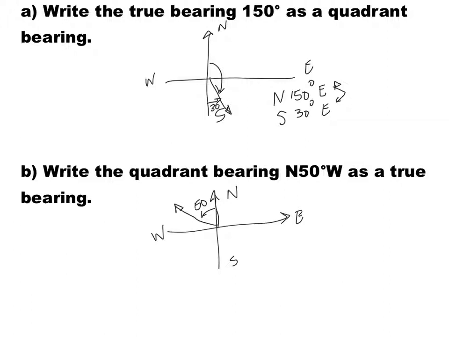To represent this one as a true bearing, we know that we have to represent the angle with the north direction, which is going to be this angle. If this one is 50, then it means that this angle is 360 minus 50, which is 310. So it's going to be 310 degrees true bearing.